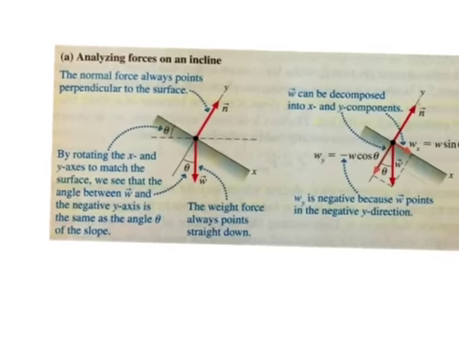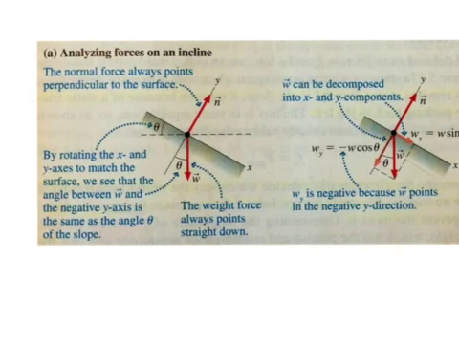Okay, so now let's look at when we have a normal force acting on an incline. Like I've said, the normal force always points perpendicular to the surface. If we rotate our x-axis so that we're on the surface, our weight force will always point straight down, giving us an angle sitting here.